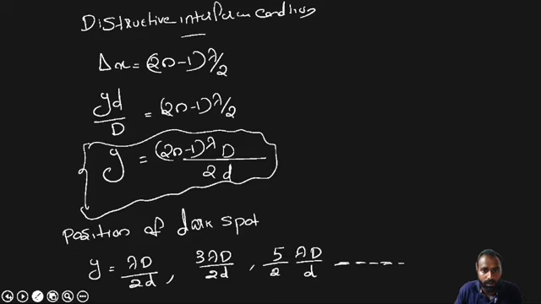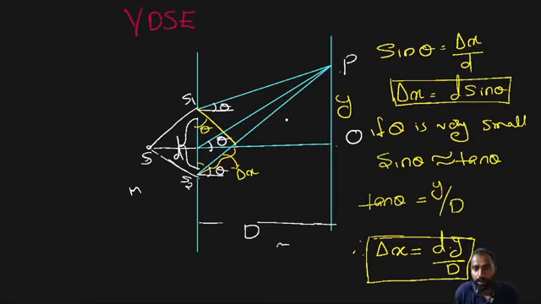Then the next part I want to introduce is angular locations of fringes. We measure this in the figure. Here at P we will get either a dark fringe or a bright fringe, and anywhere at this point we can get either a dark or bright fringe.